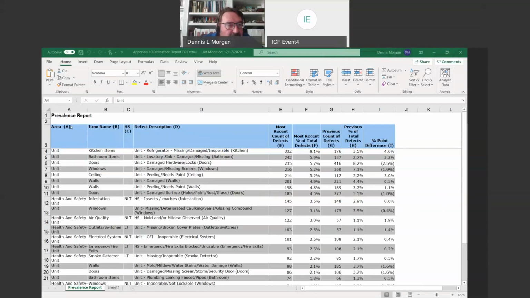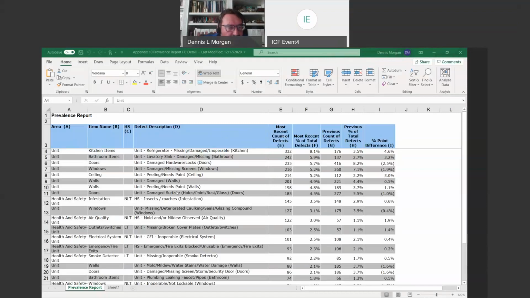Here it gives you the area of the deficiencies, and these are what's called systematic or systemic deficiencies for this particular housing agency, occurring not on just one site but on multiple sites based upon the inspection protocol. So it's showing issues that maybe the agency is either missing or not addressing.